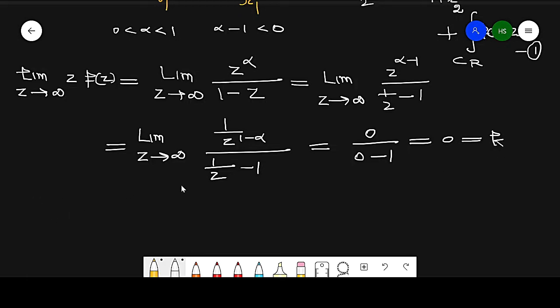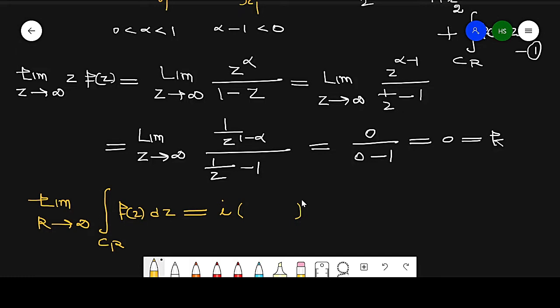Now in this region, what is the integration? The integration is the limit as R approaches infinity around CR of f(z) dz. So this value is equal to i times (theta 2 minus theta 1) times k. What is theta 2?